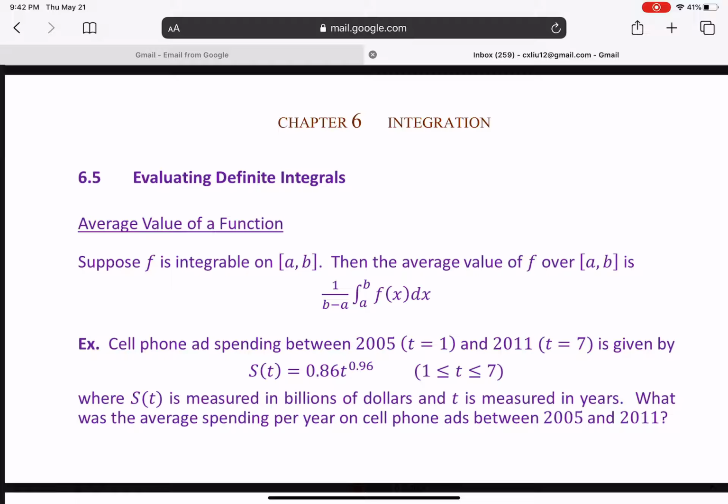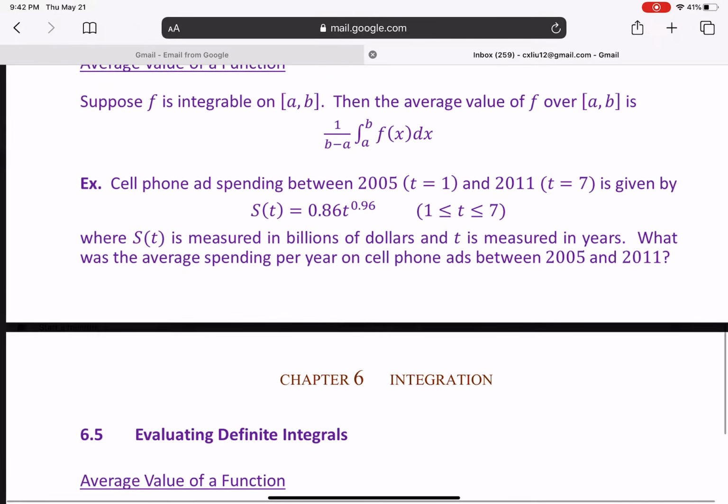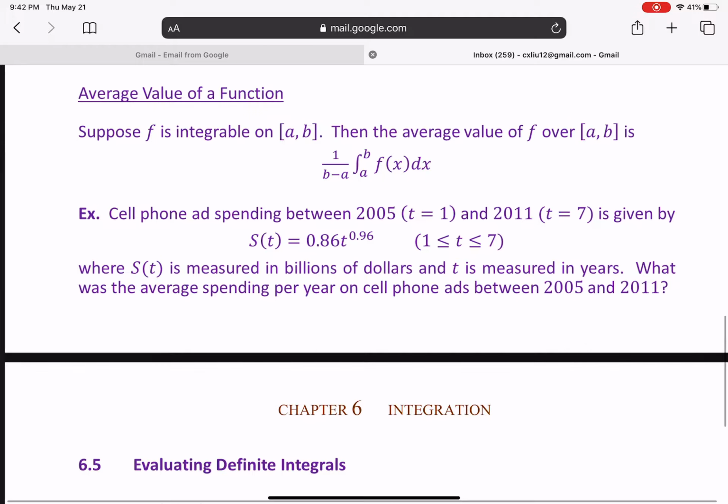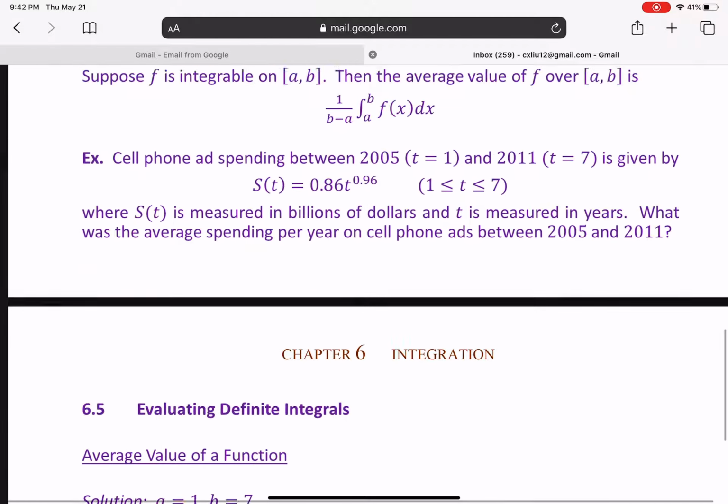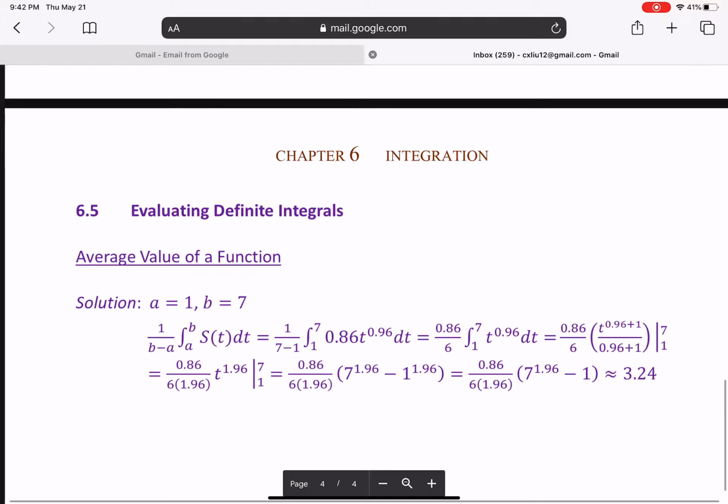So we just find the average of this function. So in this problem, a will be 1 and b will be 7. So using the formula for the average of a function, we got 1 over b minus a times the integral of s from a to b.